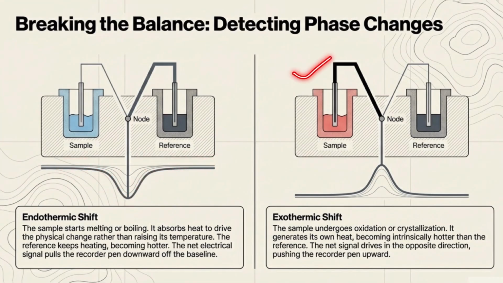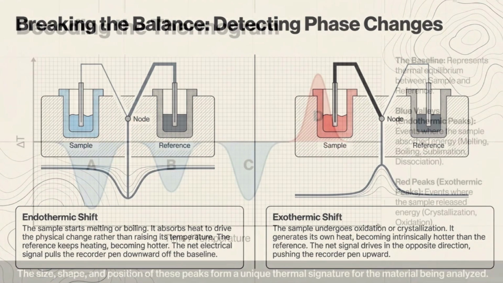On the other hand, if there is some exothermic change such as during oxidation or crystallization, the temperature of the sample will rise as compared to the reference, so the pan will move upward, and a peak in the upward direction will be created. In this way we measure the endothermic and exothermic changes.